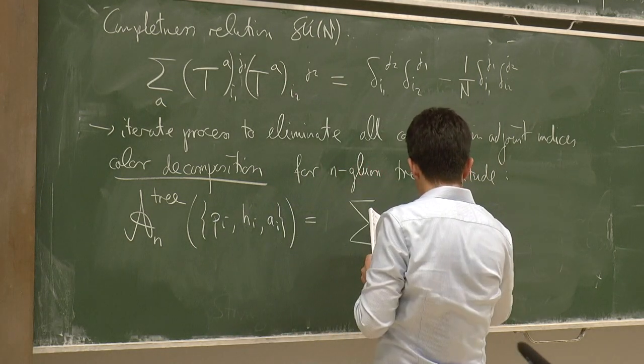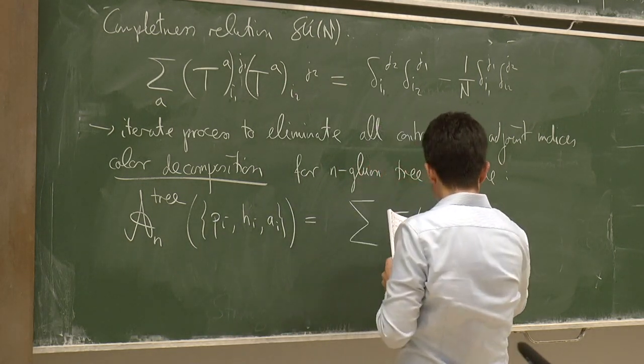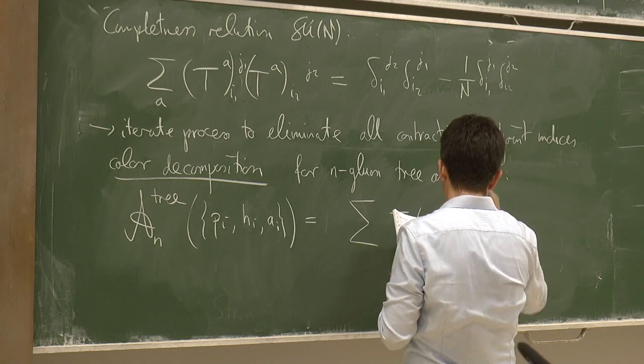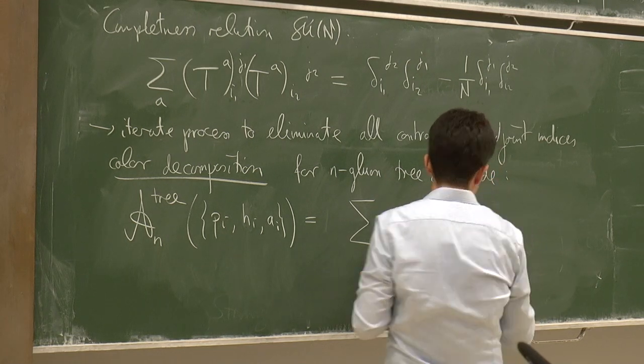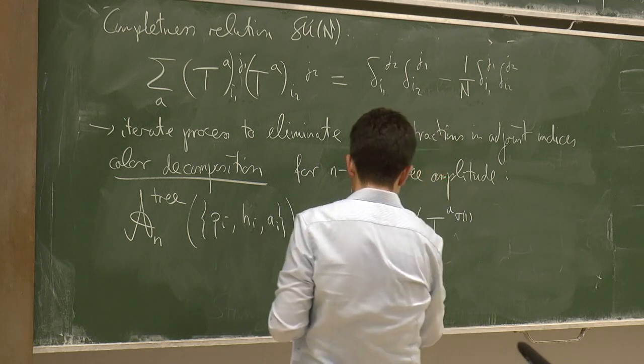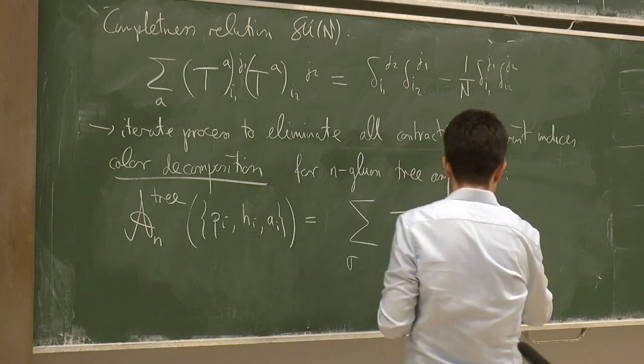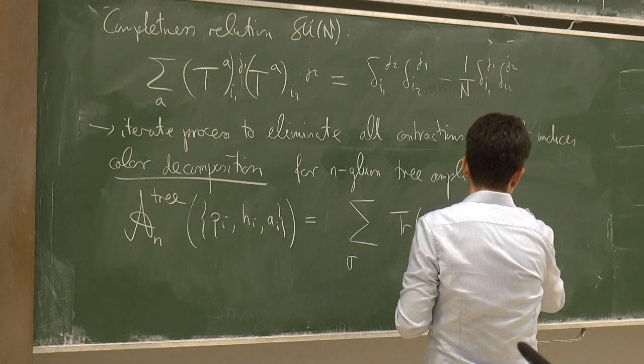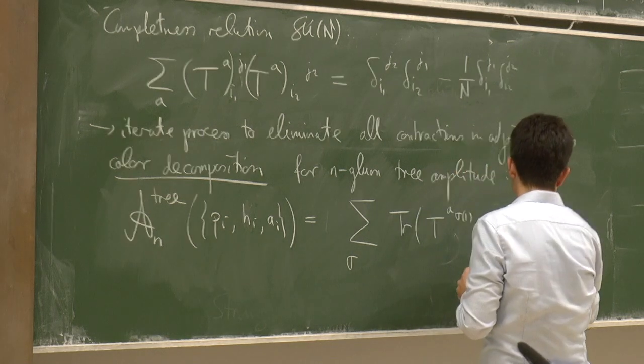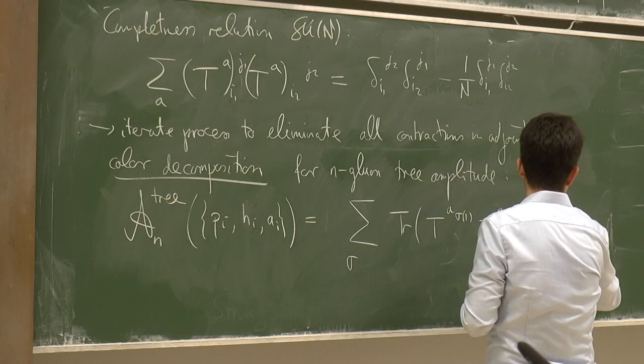And so one can write them in this way. So we have A, and then some permutation of 1. So here we'll have a sum over different permutations. A sigma of 2, and so on. T A sigma of n.